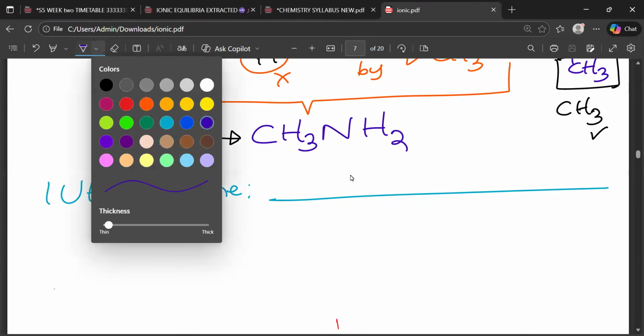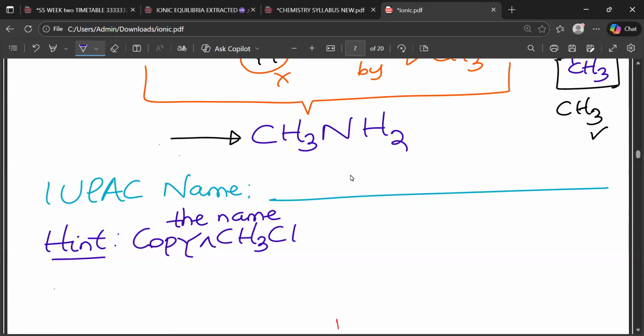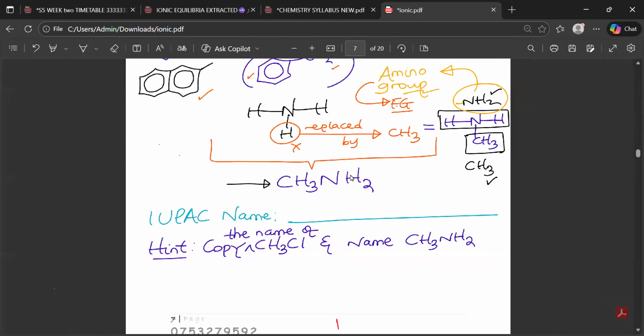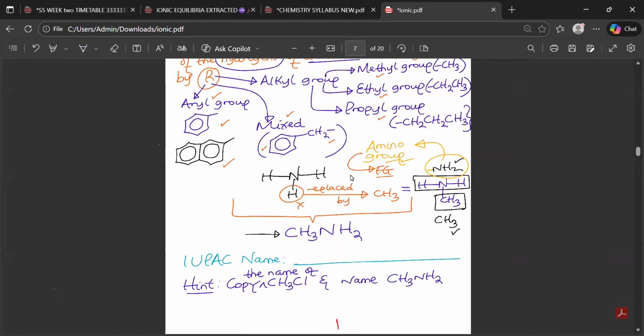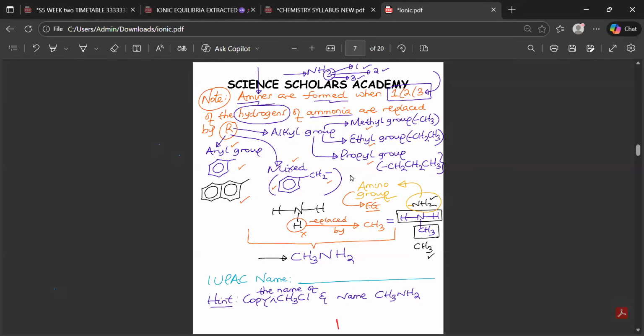So you people, if you really want to name that, I want you to copy. What is the hint? Copy the name. Copy the name of that, because we named it together the other time in alkyl halides, and then name this. You people don't use the internet. I want you to learn these things. Anyone? You copy the name of that and name for me that.